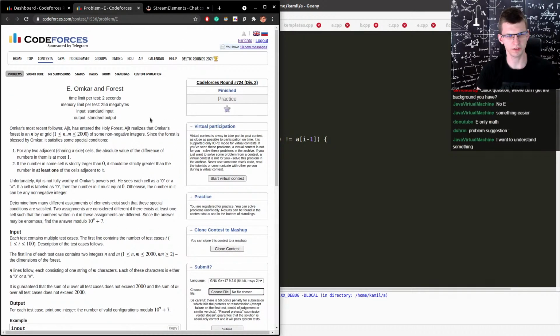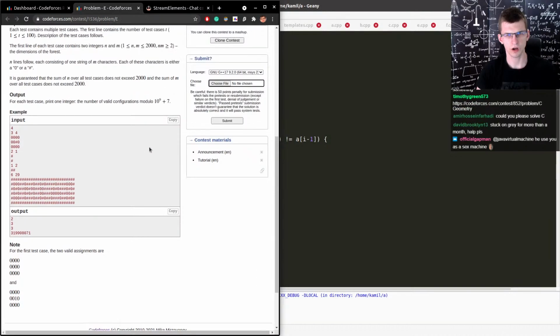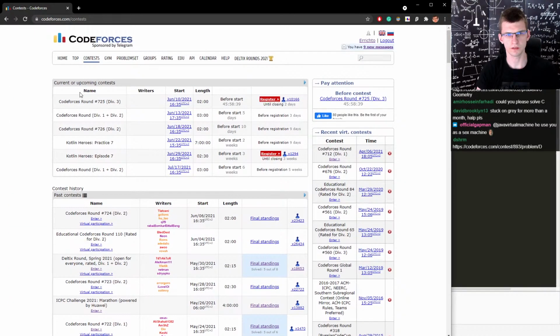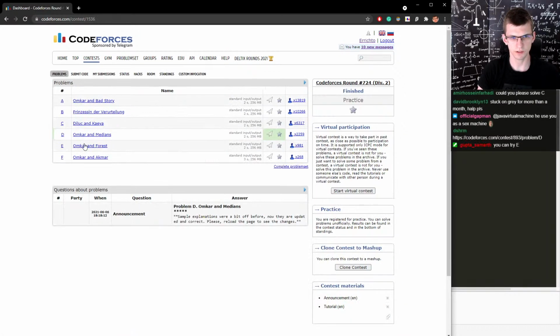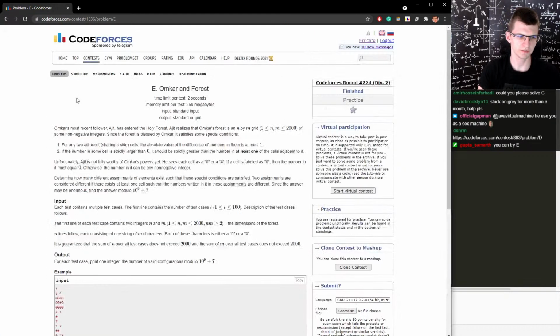Did I turn it off in my settings? Oh, I don't have a plugin here. Let's see. What you see now is Windows, not Ubuntu. I think I have a plugin and it will show me the difficulty of an unsolved problem. Yeah, 2300, I don't know.